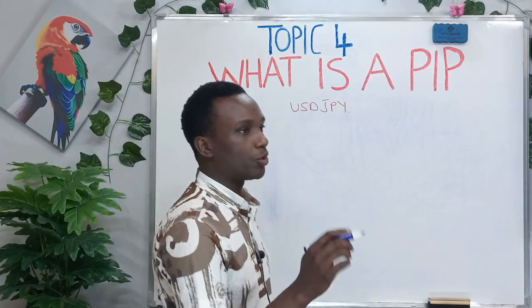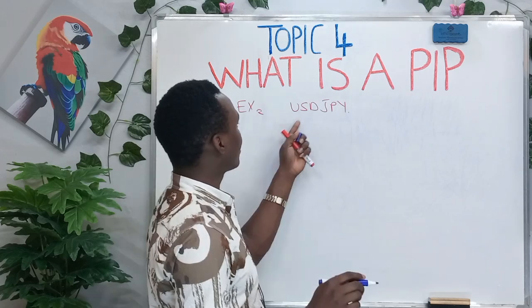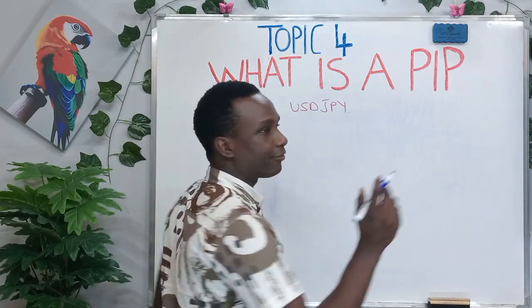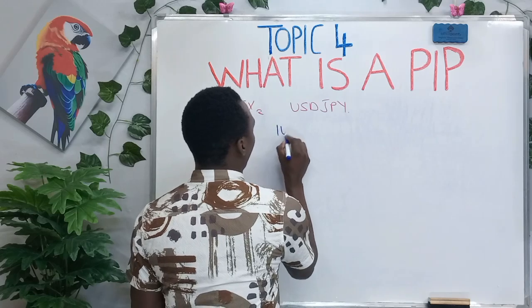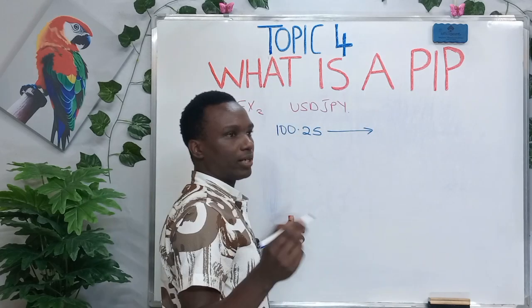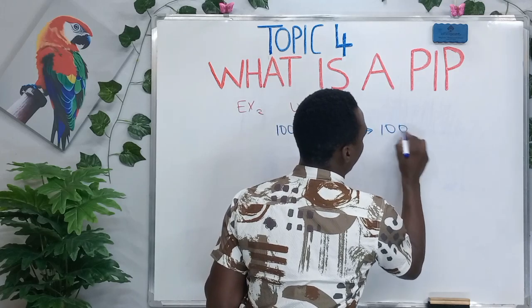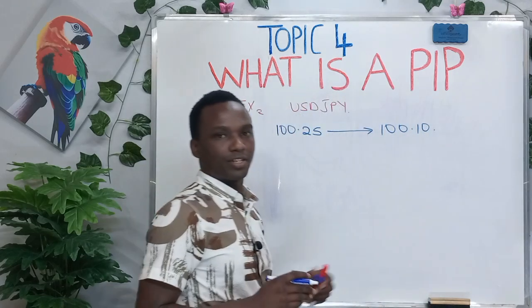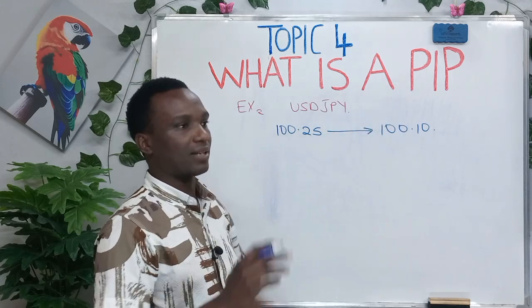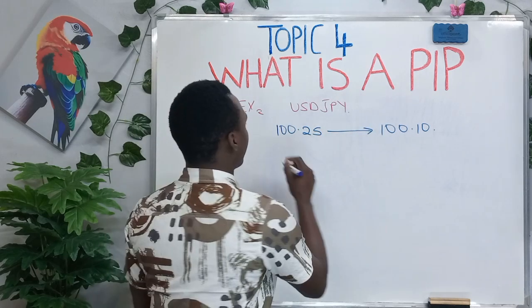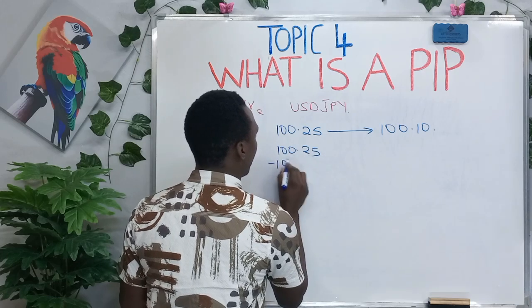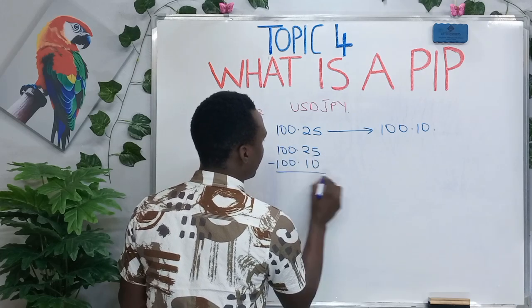In the second example, we are going to look at where the USD/JPY decreases from, let's say, 100.25 to 100.10. So in calculating the percentage in points, it will be 100.25 minus 100.10.